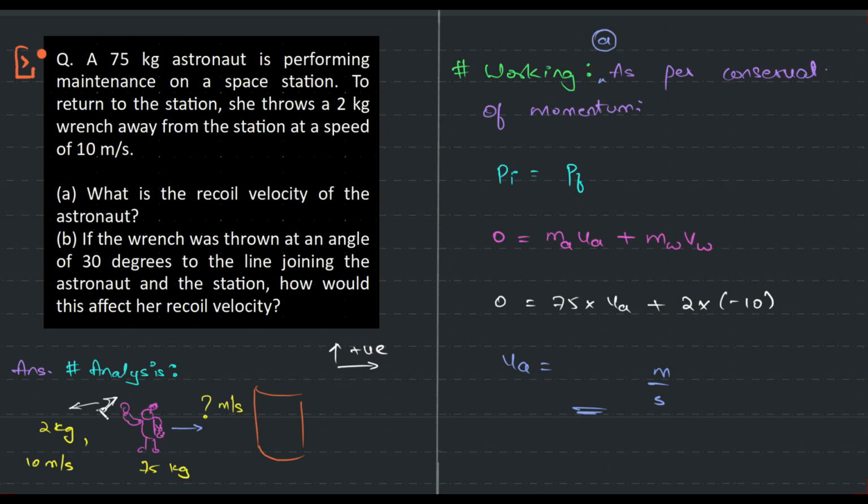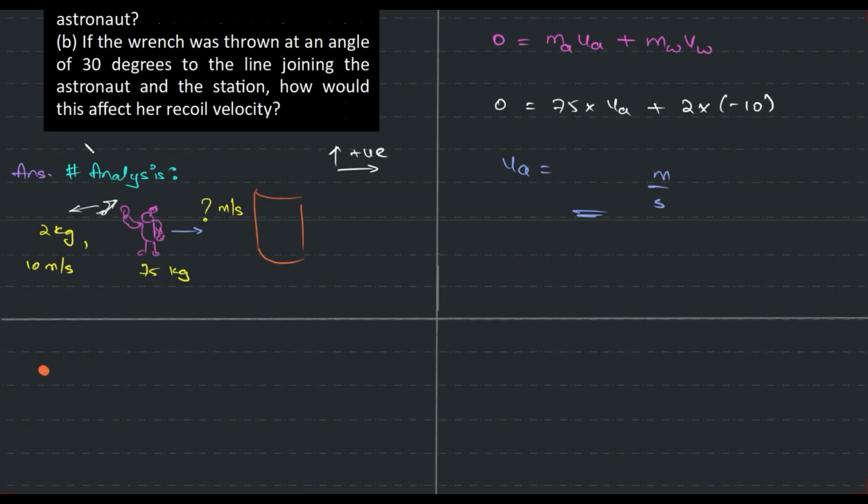If the wrench is thrown at an angle of 30 degrees to the line connecting the astronaut and the station and all of those. So I'll do this. We have the station, we have the astronaut, and we have a line connecting them. Something like this.